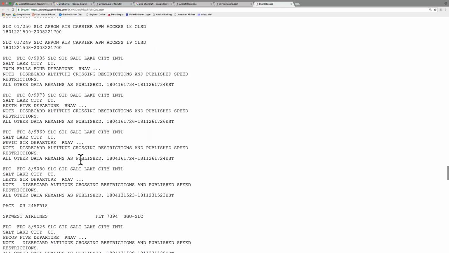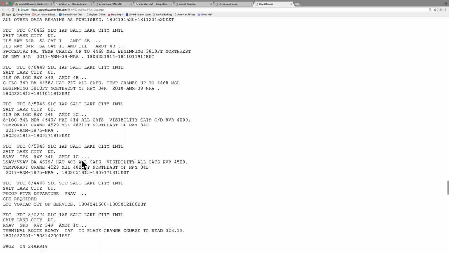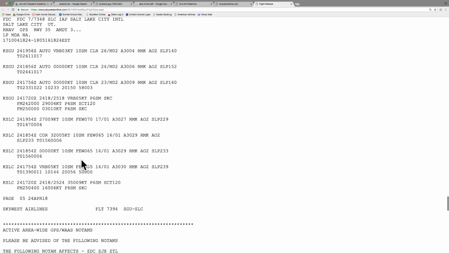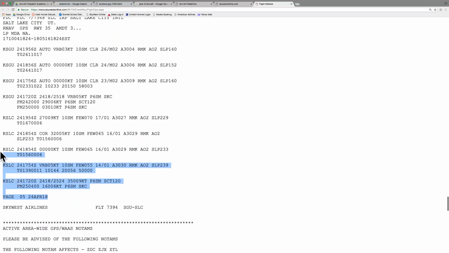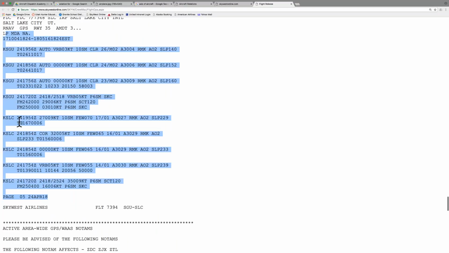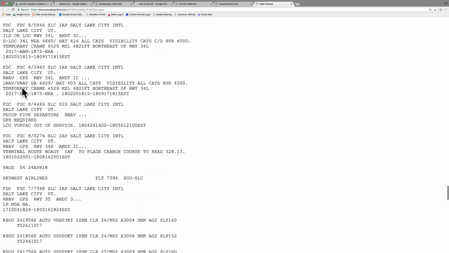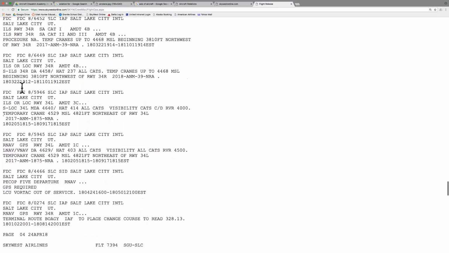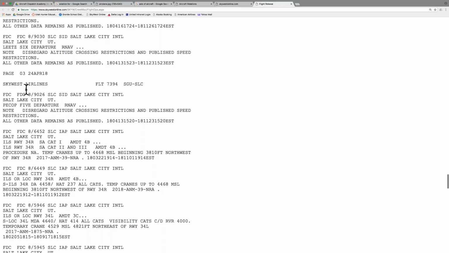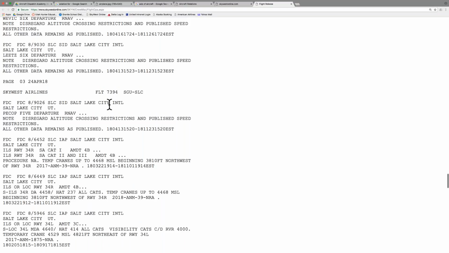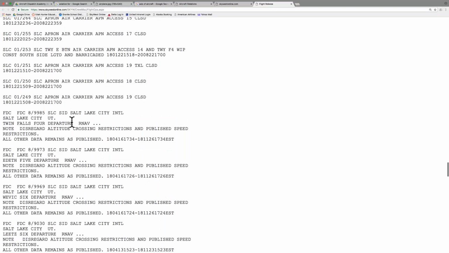Anyways, so this NOTAM package here, sorry, I'm kind of scrolling through things really fast. But we see all of these NOTAMs get put into the release, and we have to go through all of these NOTAMs and make sure that certain equipment or restrictions aren't being used.